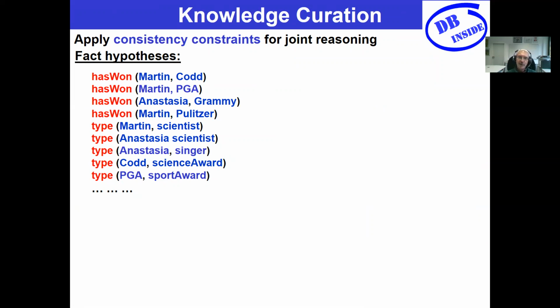So we call it knowledge curation, or maybe knowledge base cleaning, like database cleaning. The key point is to apply consistency constraints, a traditional asset in database foundations. Suppose we have these fact candidates, which are noisy. So we have 4 for the has-won relation, but also some noisy type triples.